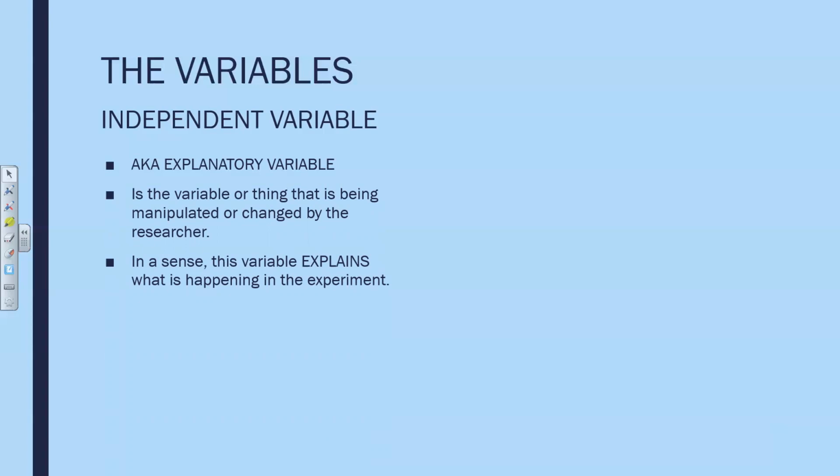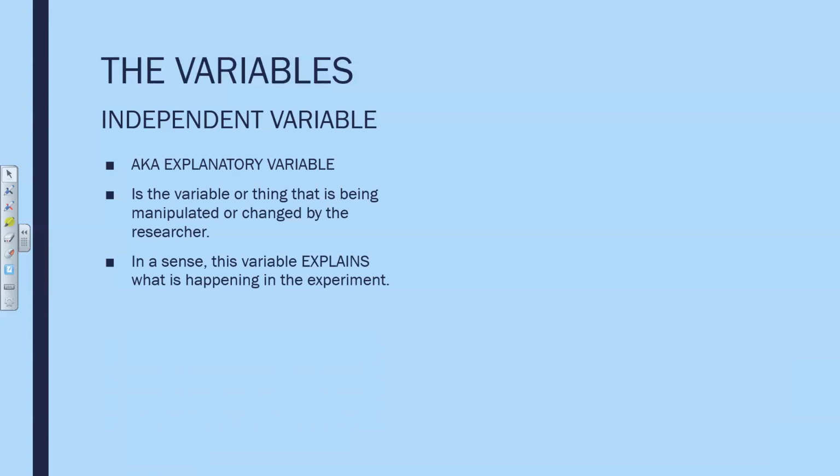Think about the roses. Okay, I have one that's getting no fertilizer, one that's getting fertilizer A, a third that's getting fertilizer B, and a fourth that's getting fertilizer C. My independent variable is the fertilizer. I'm changing the brand of the fertilizer from rosebush to rosebush.